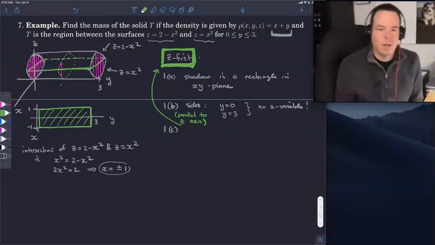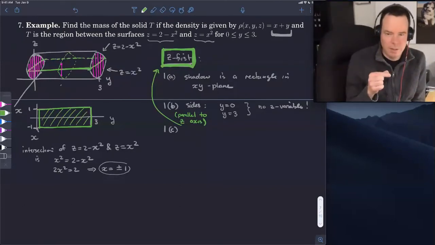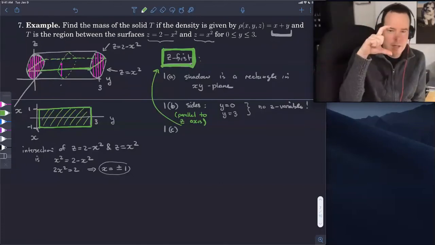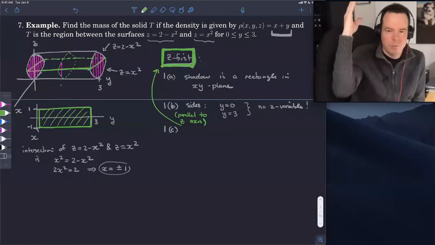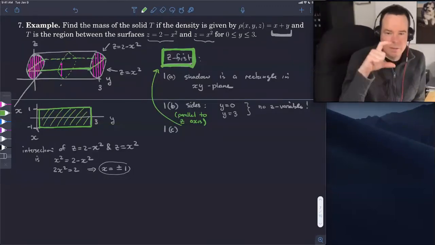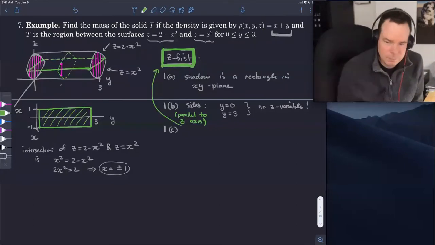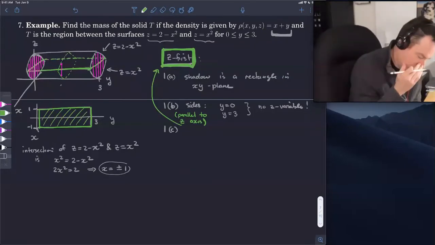And that gives me a way to sweep out all points in the region, integrating over all points in the region. So I integrate along over a particular xy value up the z axis, and then let xy sweep out all of the points in the shadow, and that gives me all the points in the region. And so the reason I'm interested in sides is because that's when that entire line segment is sitting on the boundary, when I'm integrating over a boundary. And that's those two end caps.